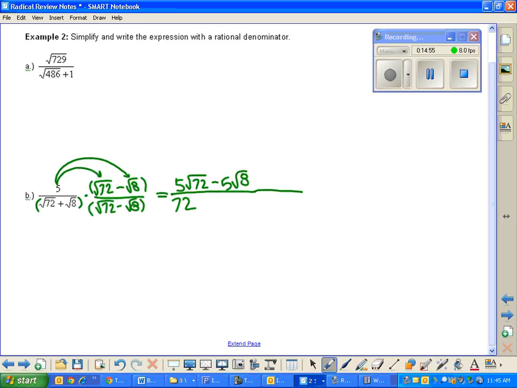Our outers, that's negative square root of 8 times the square root of 72. Our inners is add square root of 8 times the square root of 72. And our lasts are what? Positive square root of 8 times negative square root of 8. What does that leave us with? Nicole, do you know? Negative 8, exactly.